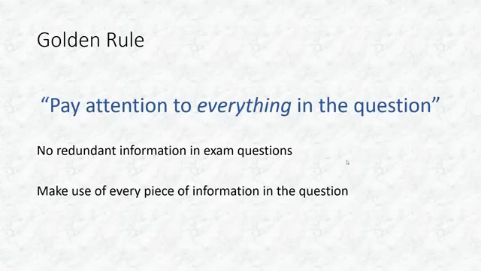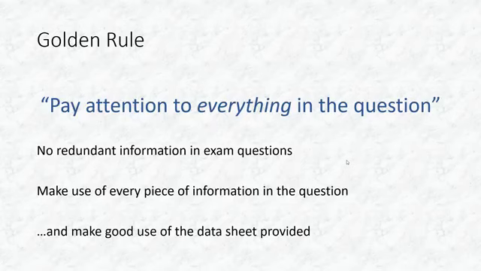What else? So make use of every bit of information in the question, and something that's also forgotten is to make good use of the data sheet provided. What is the data sheet or data booklet? Well, it's certainly in the UK in A-level, we will get a data booklet with the exam paper. It's not just a bunch of constants and a copy of the periodic table.